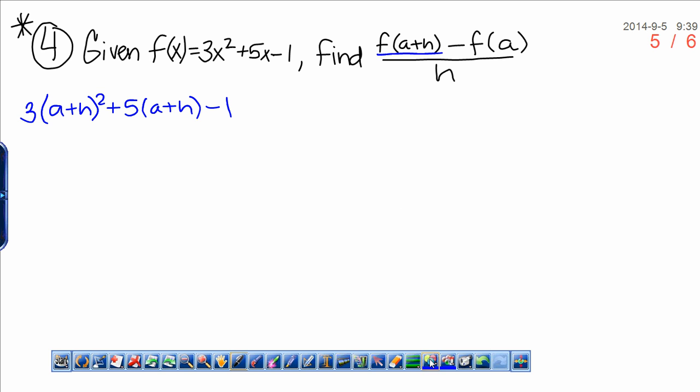Then it says to subtract f of a. Well, what does that mean I'm going to do? Plug what in? A. And I'm going to subtract that whole thing once I plug in a. So I'm going to subtract 3a squared plus 5a minus 1.